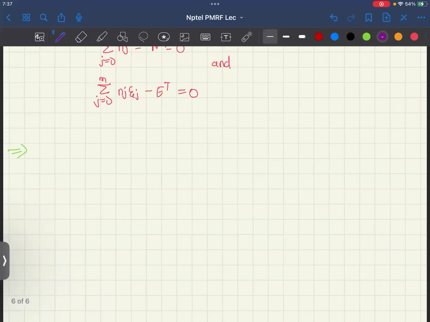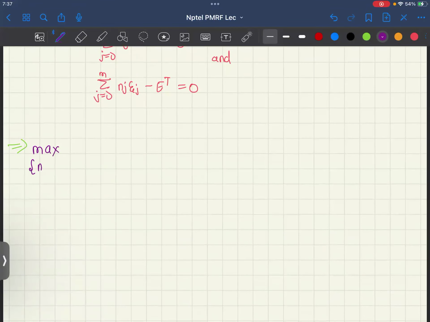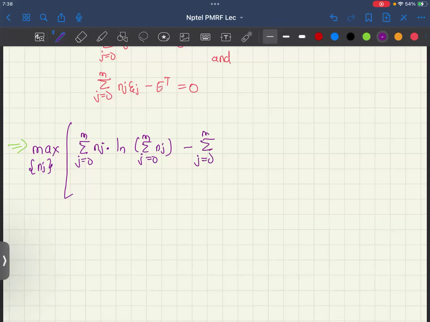So what we get is maximize over all nj such that summation j equals 0 to m of nj multiplied by ln of summation j equals 0 to m of nj, minus summation j equals 0 to m of nj ln nj plus summation j equals 0 to m of nj.